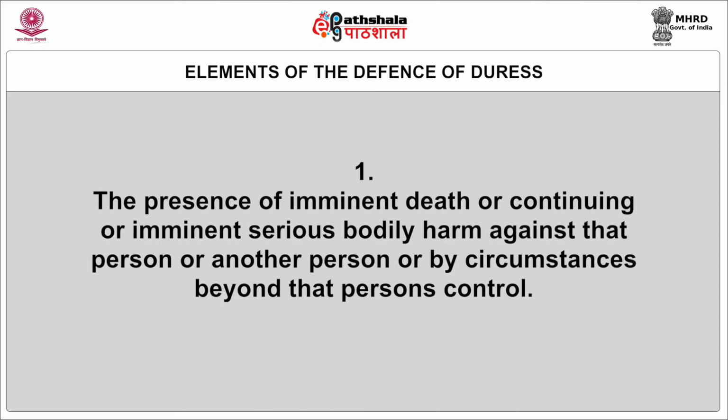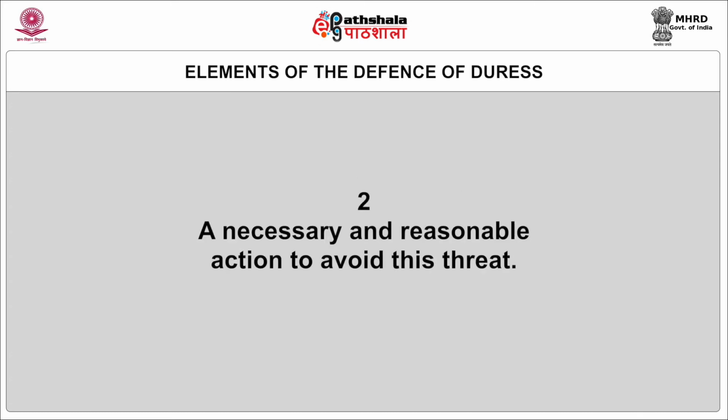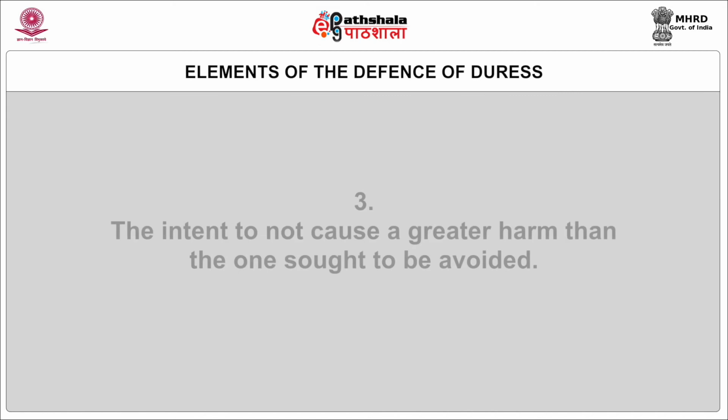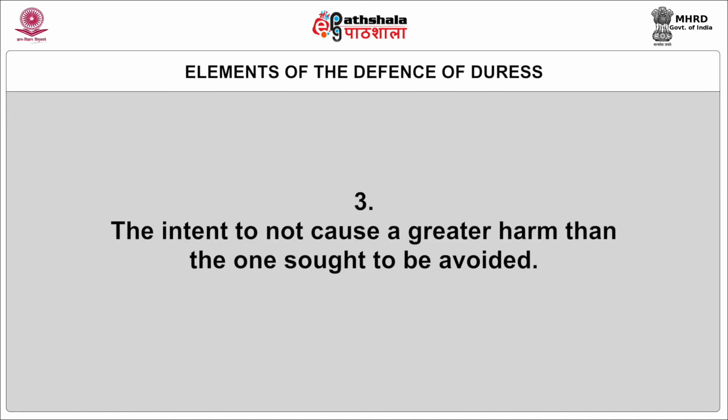Firstly, the presence of imminent death or continuing or imminent serious bodily harm against that person or another person or by circumstances beyond that person's control. 2. A necessary and reasonable action to avoid this threat. 3. The intent to not cause a greater harm than the one sought to be avoided.